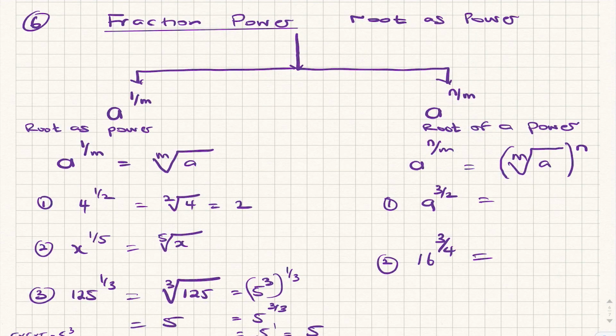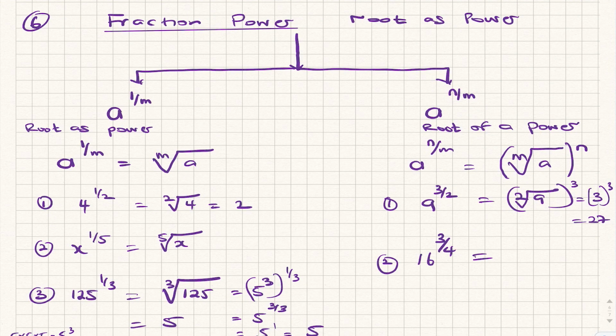So the second part here is when n is not 1. So n is 3 here in this case. It could be any number. So to write this out, it is the square root of 9, all to the power of 3. That will be 3 to the power of 3, which is 27.